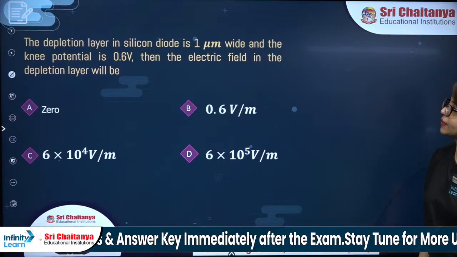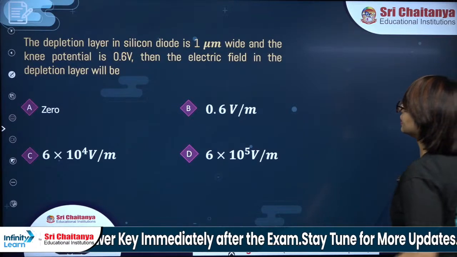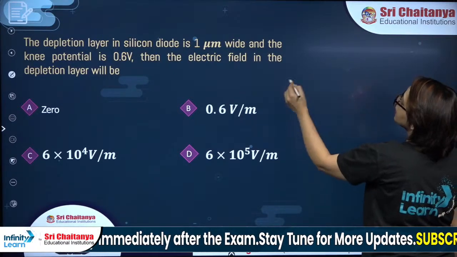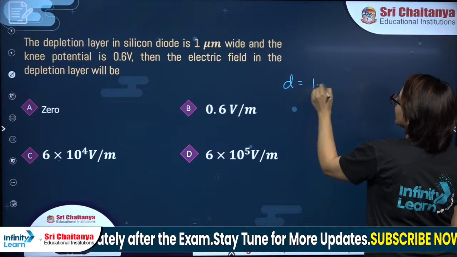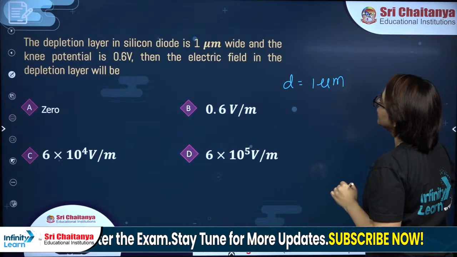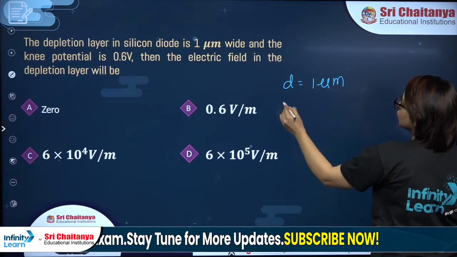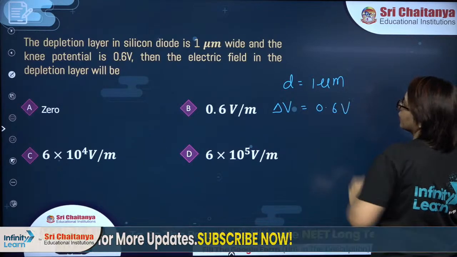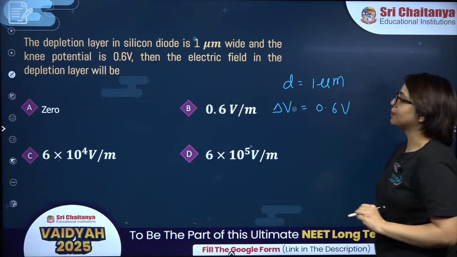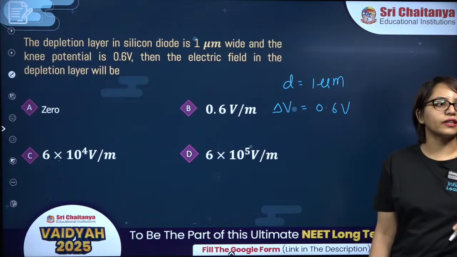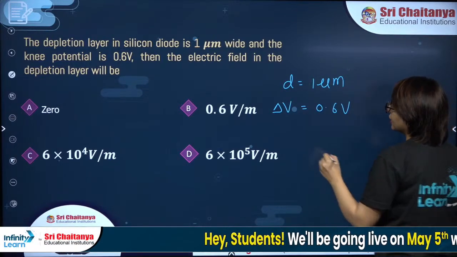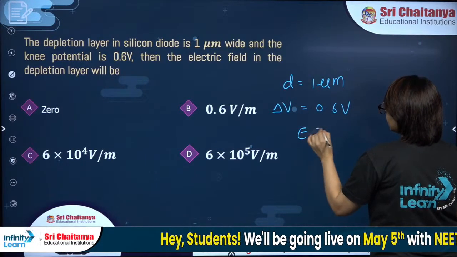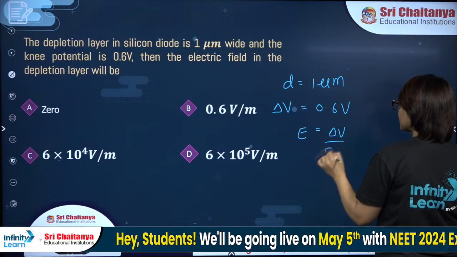Next is this one. The depletion layer in a silicon diode is 1 micrometer wide and the knee potential is 0.6 volt over here. Then what is the electric field in the depletion layer? So E is delta V upon D. Try this one.